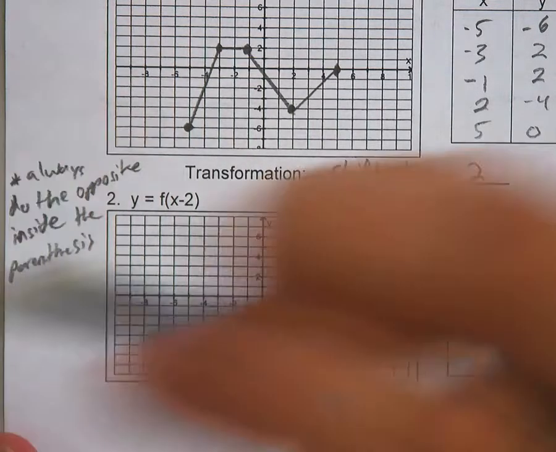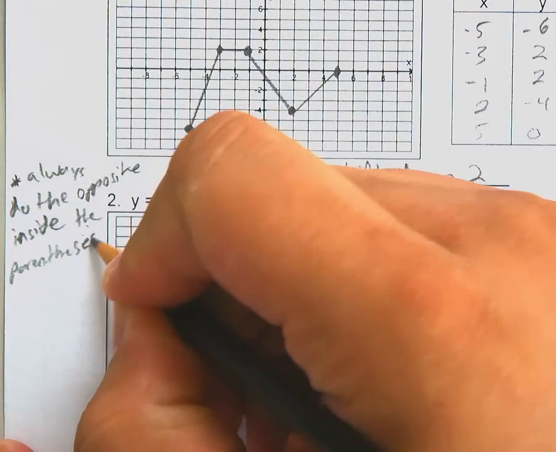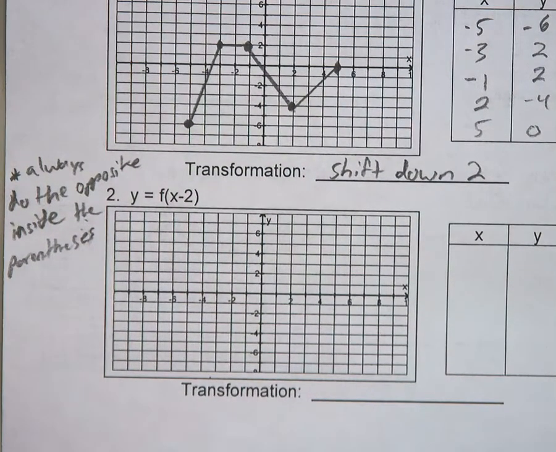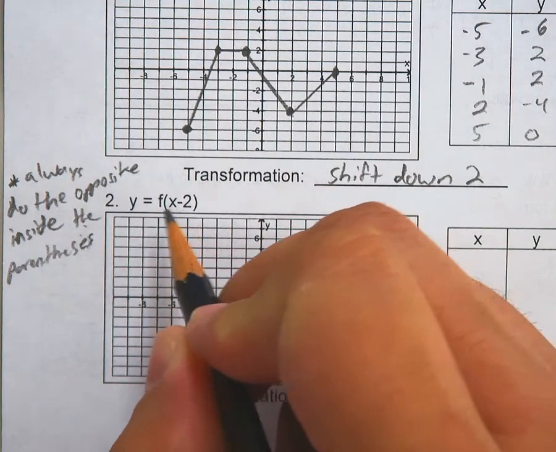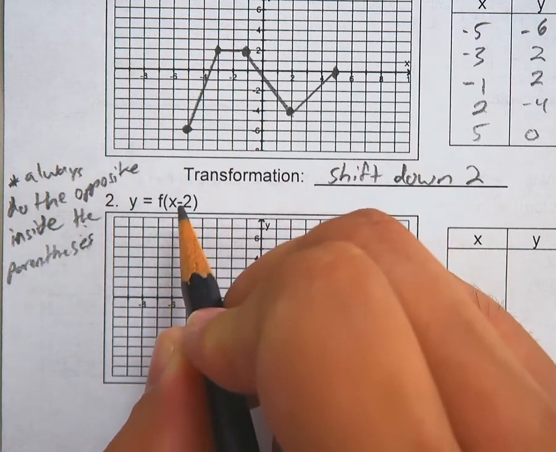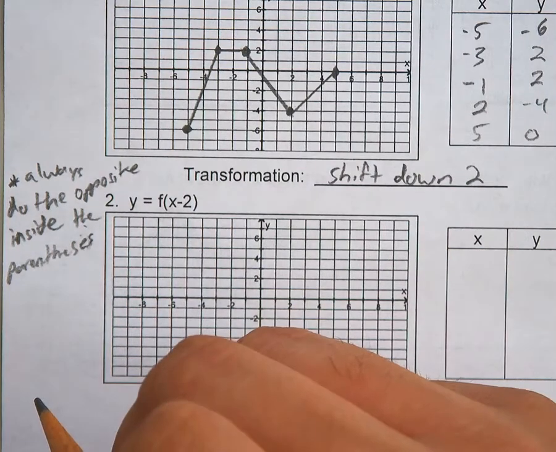Now, the reason for that is you're trying to keep your y value the same. In order to do that, instead of subtracting 2 right here, where it says x minus 2, what this actually is going to do for you is add 2 units to your x values.